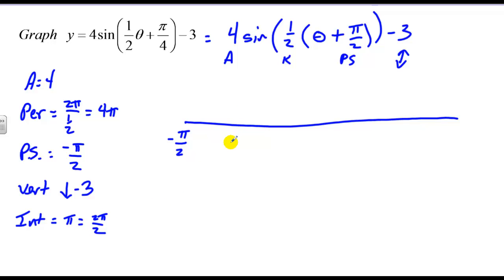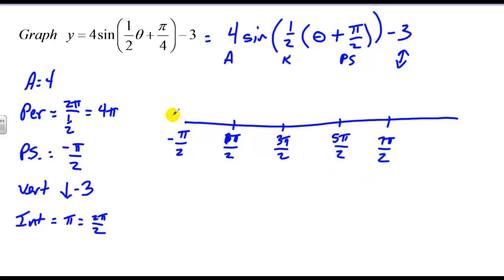So if I add 2 pi to this guy, my next will be 3 pi. Oops, I lied. It would just be pi over 2, 3 pi over 2, 5 pi over 2, and 7 pi over 2. Going from -1 to 7 gets me 8 pi over 2, which is 4 pi, and there's my period.